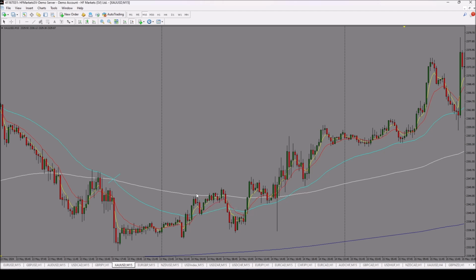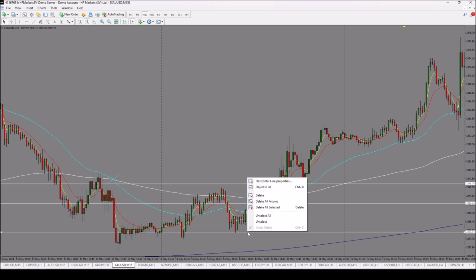As you can see, it retested here and then retested here, but there was no 5 in yellow and 13 in red crossover. When they made a crossover, that was when we were going to make our entry. Whenever we move 1.5 R, we need to put our stop loss in profit. So this was our entry, and when it moved, it reached plus 1.5 R in our direction.